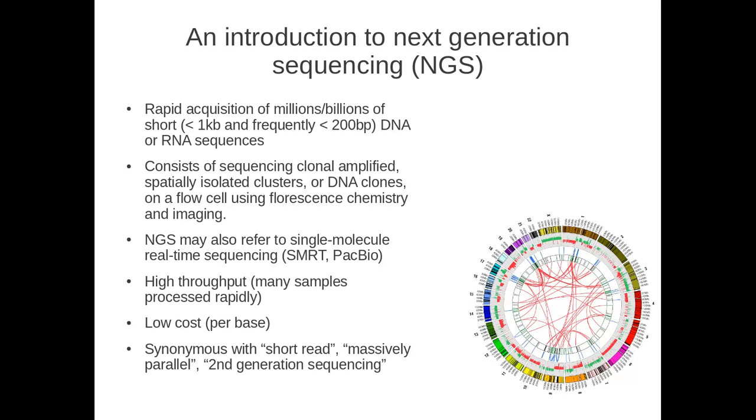In particular, PacBio is leading this, which allows you to get much longer reads, even more than a kilobase in length. So, as I told you, it's high throughput and low cost on a per base perspective. However, the cost is now backloaded onto the bioinformaticians that have to analyze all these massive amounts of data.